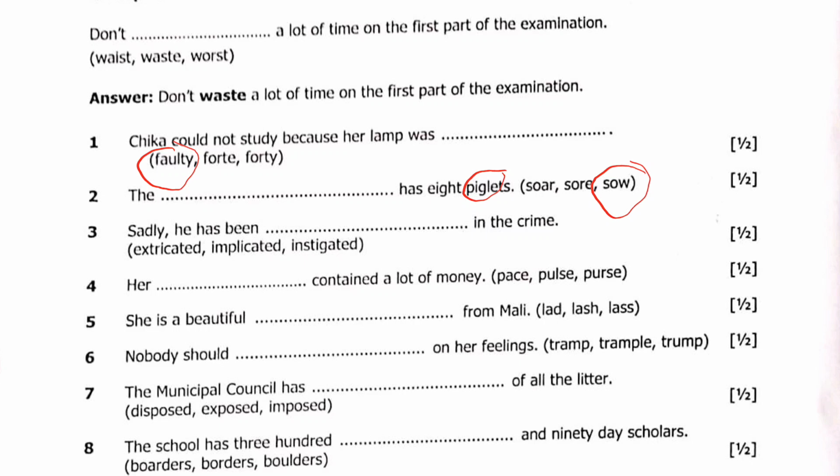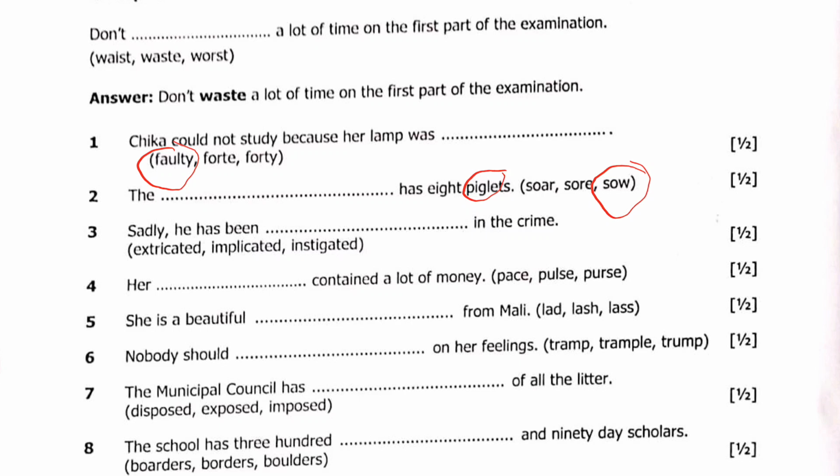The correct answer is implicated. Now, what does it mean when someone has been implicated? It means to show someone to be involved in a crime, that is to implicate. Are we together? So the answer there is the second one.